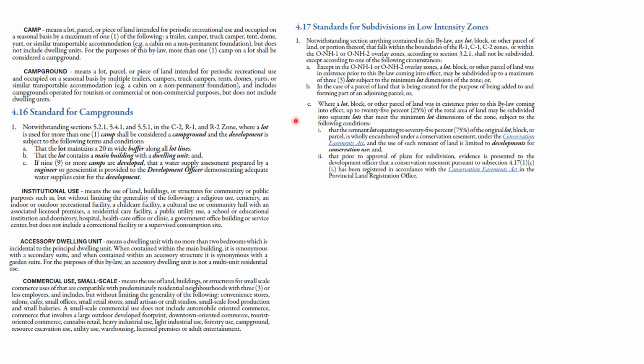There's also limitations on subdivisions in low intensity zones. That includes this zone as well as the C1, C2, and the natural hazard overlay zones. So in those zones, there cannot be a subdivision of more than 3 lots.